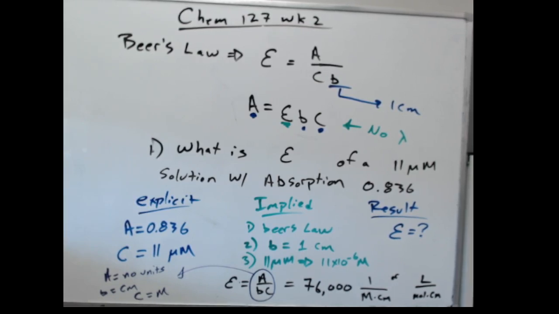You can see it either way, and both are correct. I like the molarity centimeters because it tracks with the equation easier for me. But I also like the liters, moles, centimeters because when I'm doing calculations, it makes it easier to cancel out the correct units. So they're both useful at different times, but they're equivalent to each other. You could do either one and you would get credit because they mean the same thing.